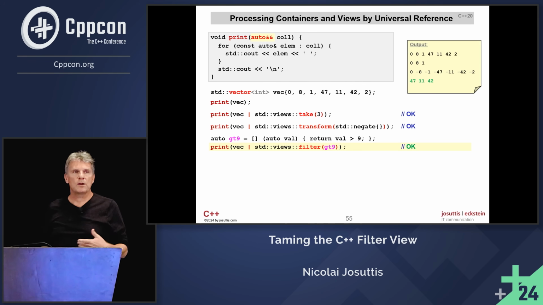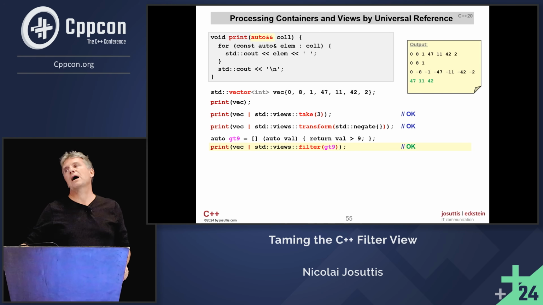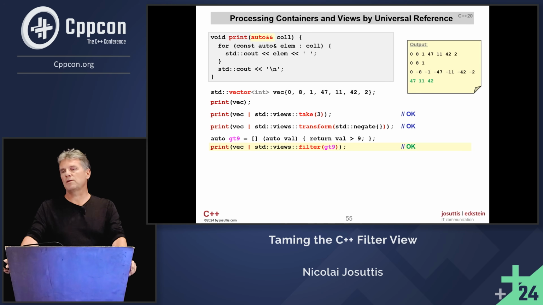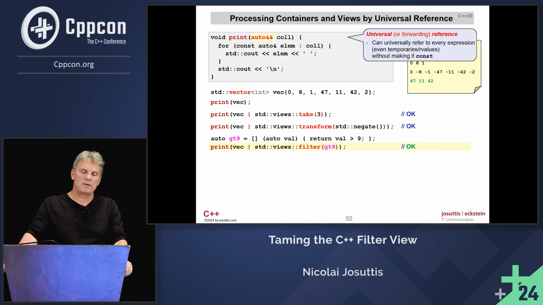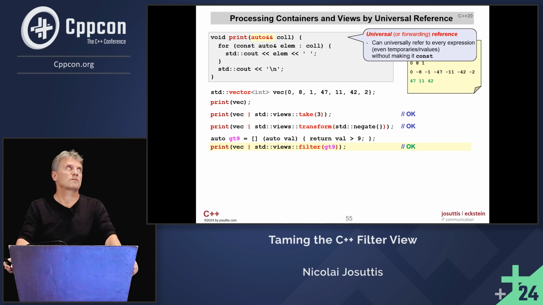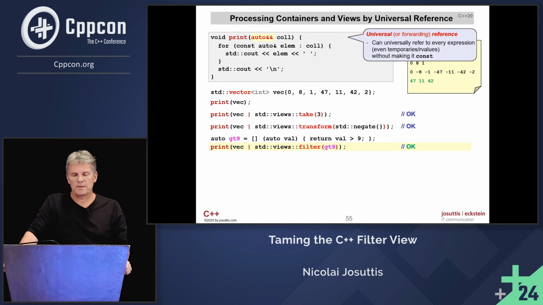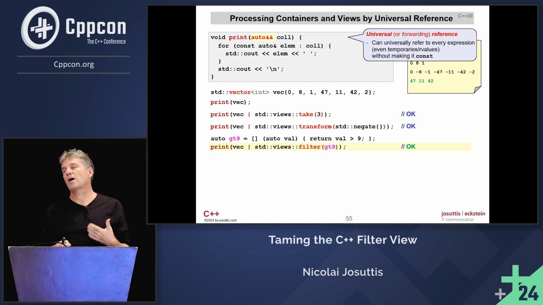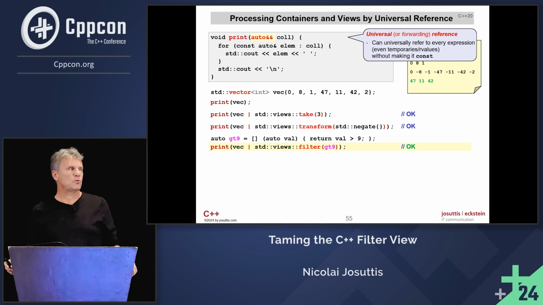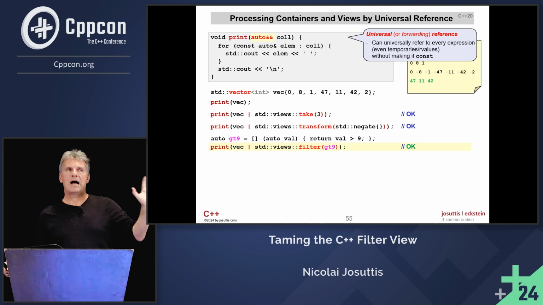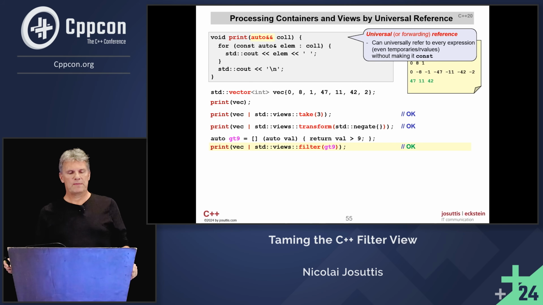What can we do instead? Well, there's one way to pass something by reference without making it const. That's a universal reference. In the standard, unfortunately, we call this a forwarding reference because some argued that it is for perfect forwarding. That's not true. We need these references for other things, and they can universally refer to both rvalues and lvalues, and that is what we need here without making things const.